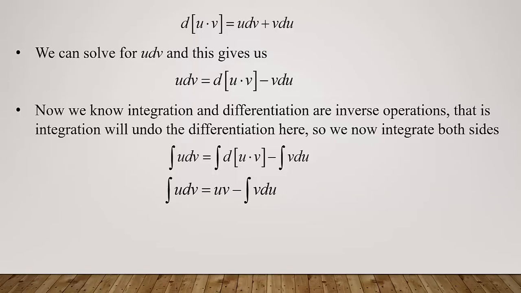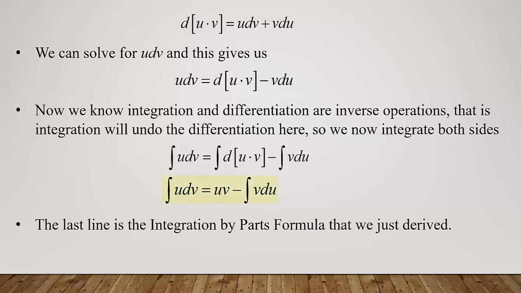The integral of d of u times v is the integral of a derivative. They're inverse operations, they undo each other, which is why we just end up with u times v there. So we end up with the integral of u dv equals u times v minus the integral of v du. That last line, folks, is the integration by parts formula, and we just derived it.